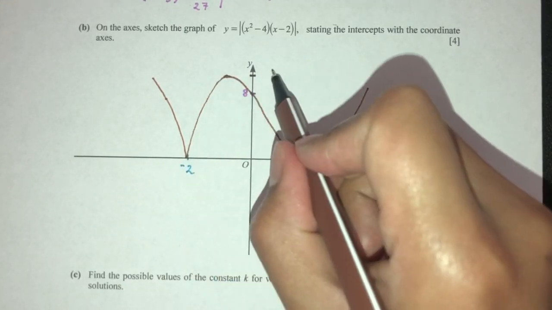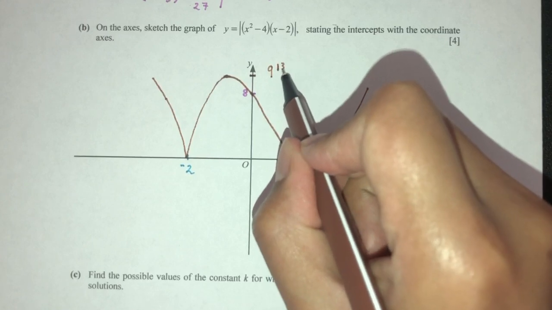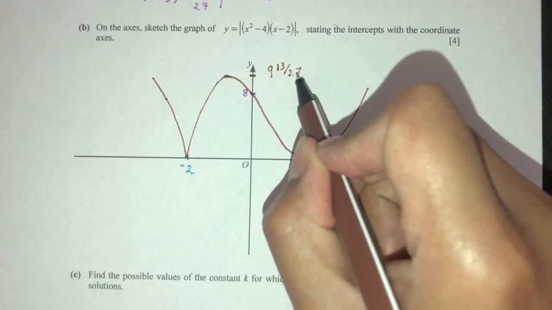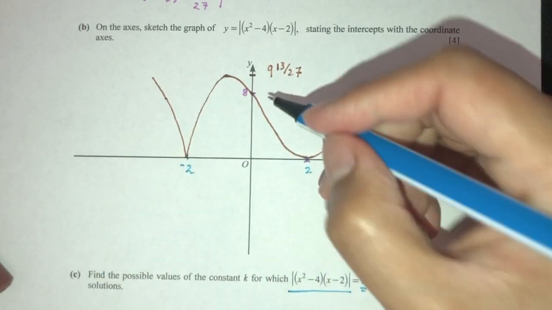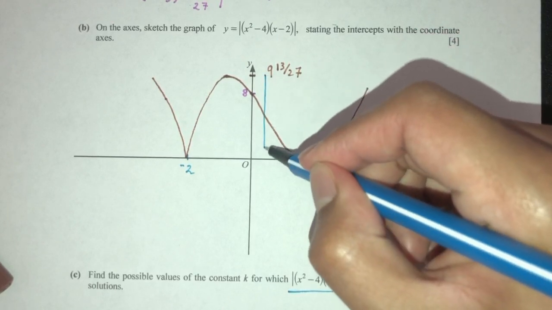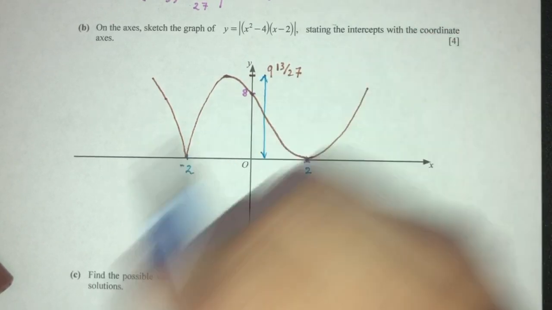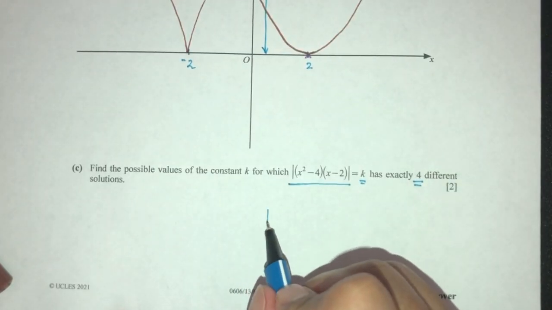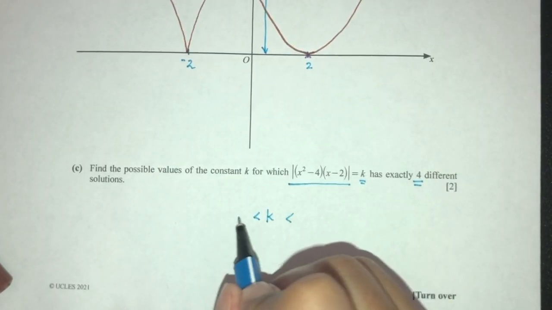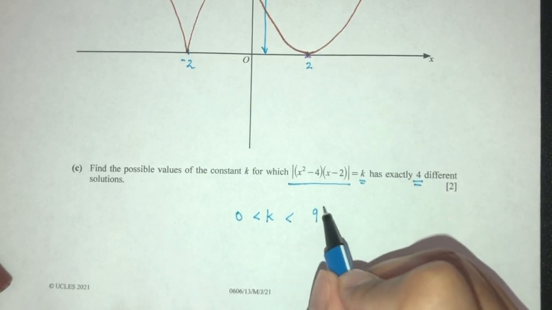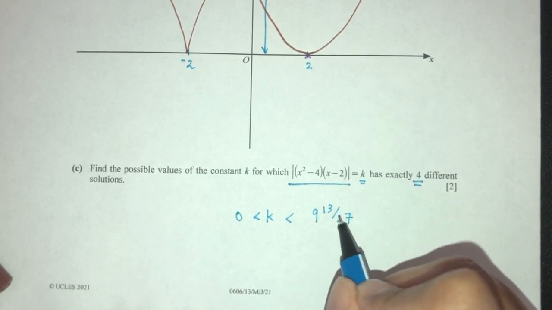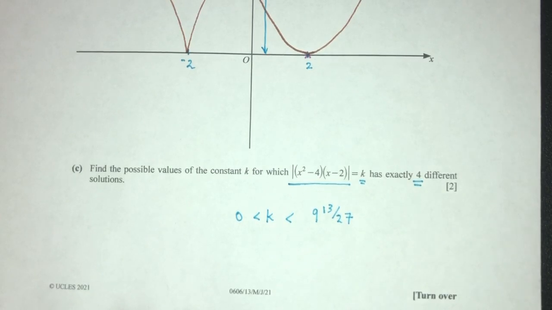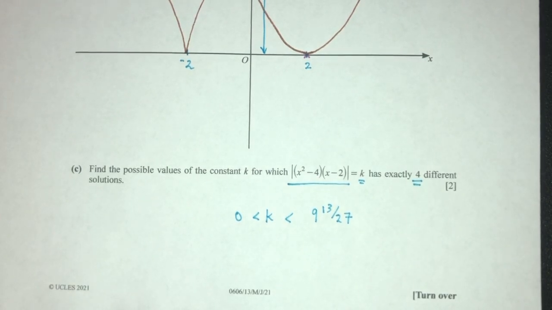The maximum point is 9, 13 over 27. So you can see when k is between those values, this and this, we have 4 solutions. So k will have to be between the value of 0 and 9, 13 over 27. So between those two values, the equation equal to k will have exactly 4 solutions.